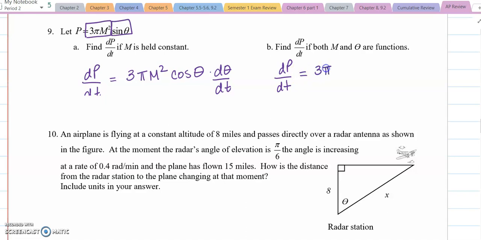So 3 pi m squared is the first function times the derivative of the second, plus the second function times the derivative of the first. And again, in this one, you're going to need to have a dm/dt by chain rule. So anytime you're dealing with related rates, you're going to have to multiply by how each of the variables is changing.